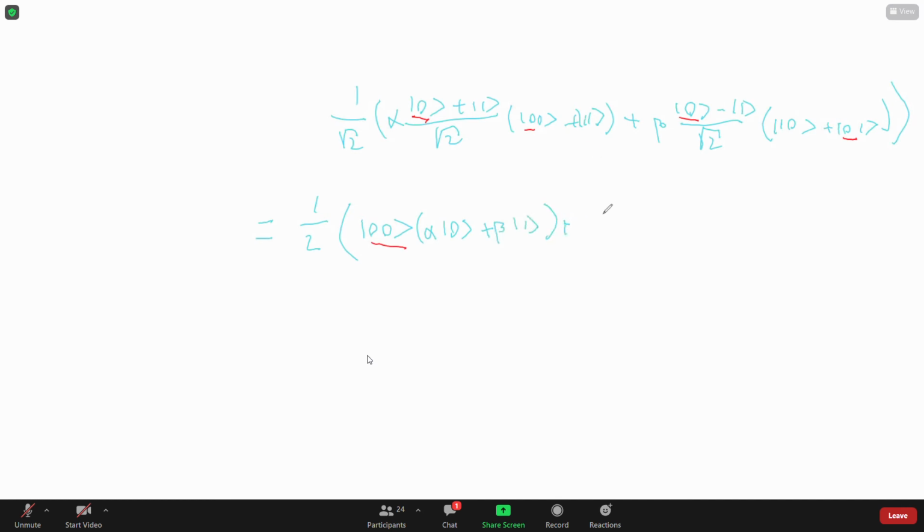Then we move on to Alice could also measure 0, 1. We see that that term is by taking this term here together with this, and it comes by taking this term together with this.